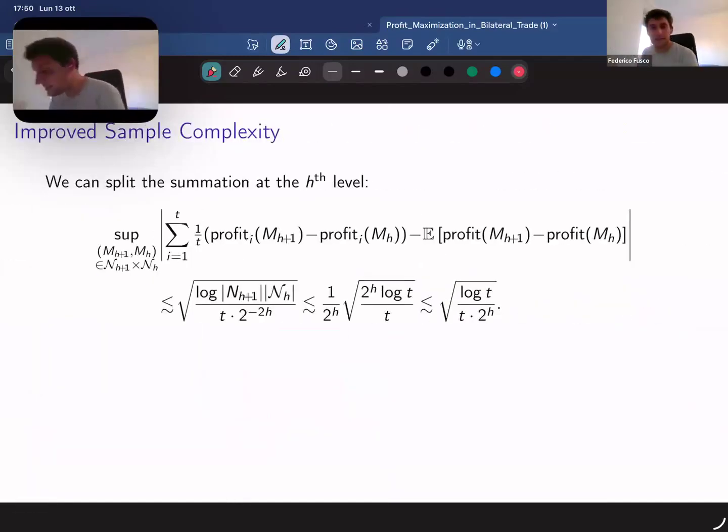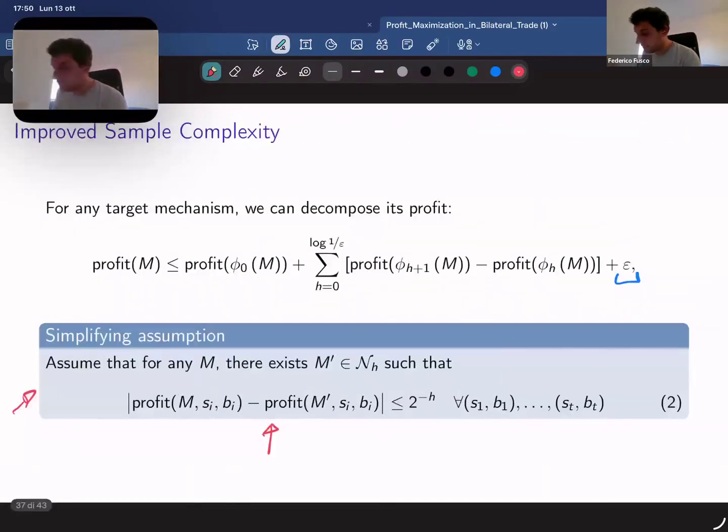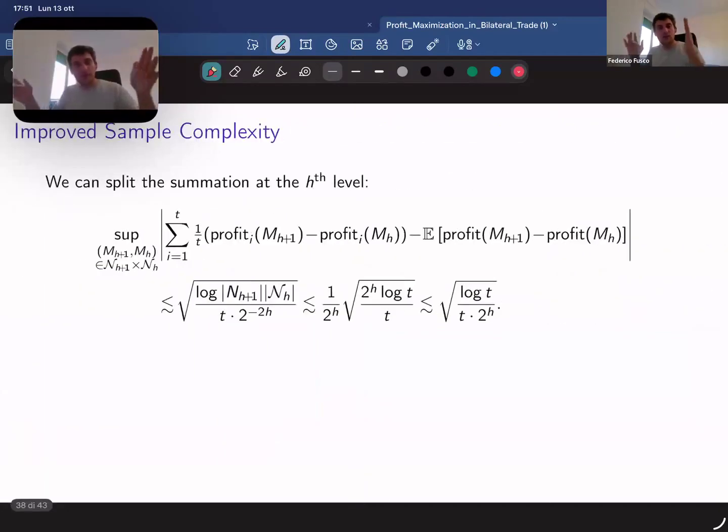Now, if this is the case, then I can move from the error that I make overall to the error that I make in each term of the summation. So let's say level by level, what is the error that I make? In particular, the error that I make at the hth level will be upper bounded by the worst pair of mechanisms in that level.